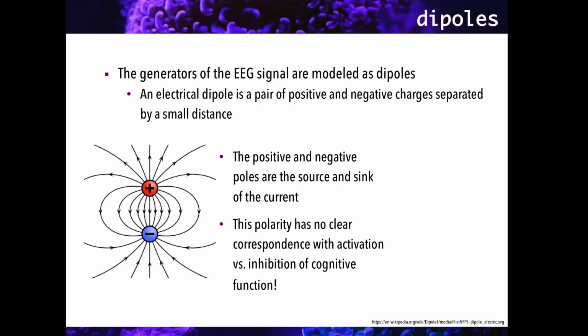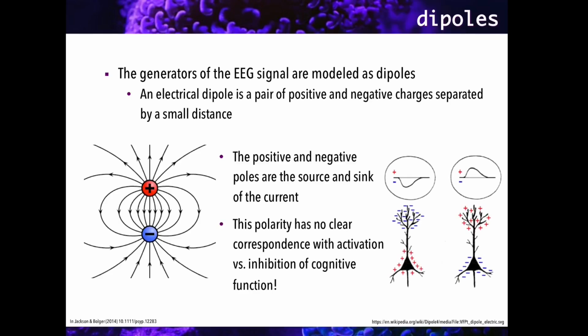It is important, however, to keep in mind that the polarity of the signal that we measure in EEG has no straightforward correspondence with the excitation or inhibition of cognitive function, as it depends on the orientation of the neurons generating the dipole in relationship to the scalp surface electrode measuring the signal. If the negative side of the dipole is closer to the scalp, we will measure negative voltage, and if it's the positive side near the scalp, then we will measure this positivity.